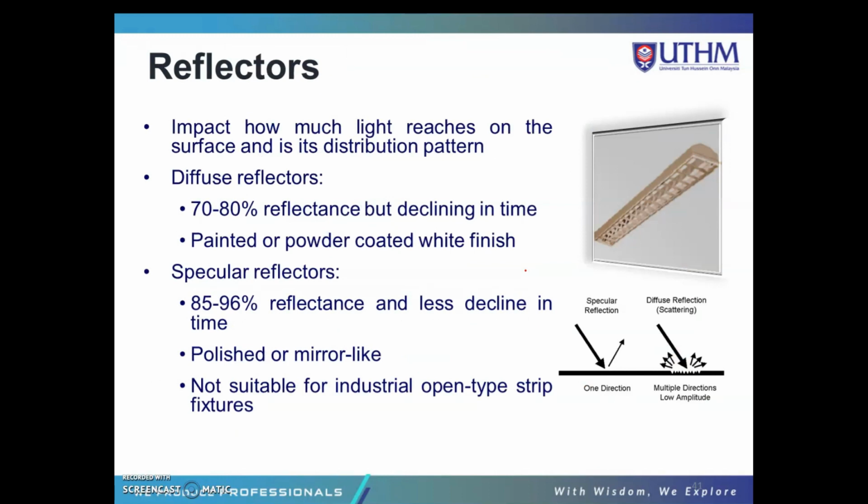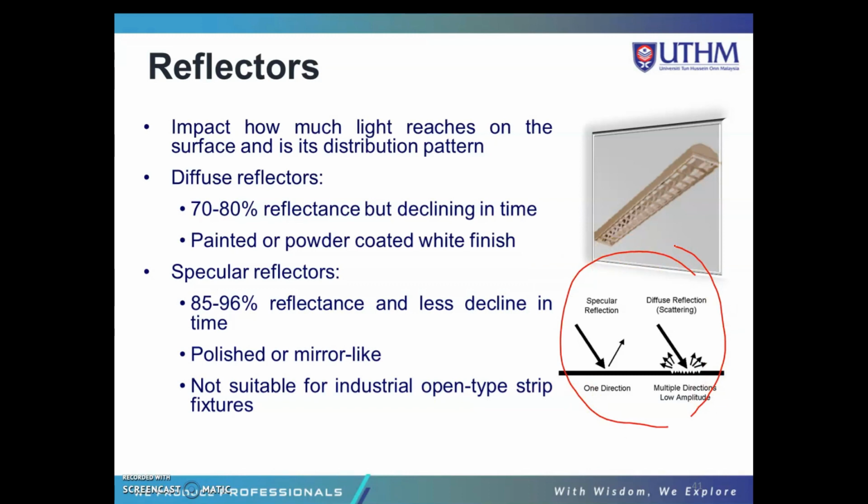Okay, next is the reflectors. Okay, so for the reflectors, we want to know the impact, how much light reaches the surface, and its distribution pattern. Okay, so there are 2 types, which are the diffuse reflectors and also the specular reflectors. So you can see here the difference of the diffuse reflection and also the specular reflection.